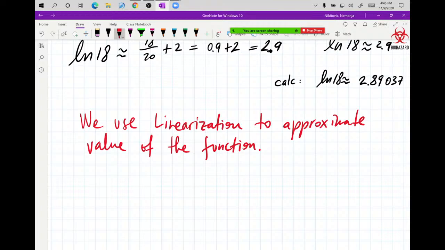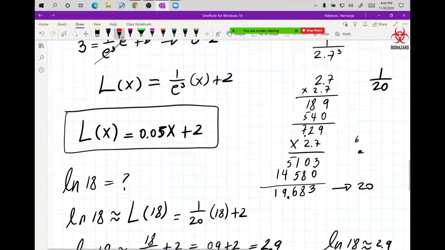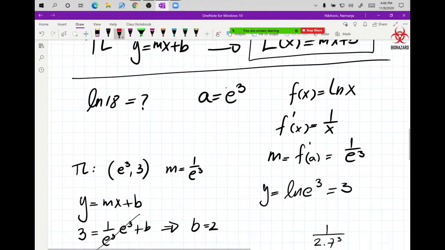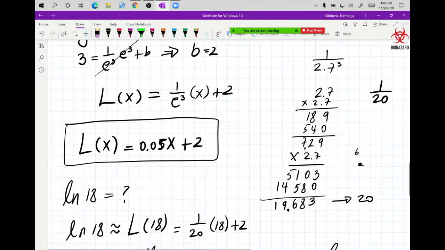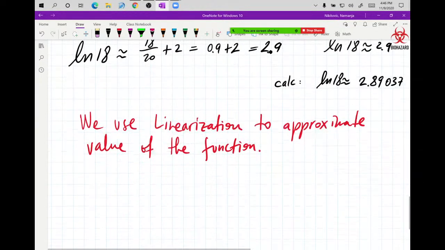And again, unfortunately today, well, fortunately or unfortunately, whichever way you want to look at it, we don't need this today anymore, because you can just immediately grab your cell phone and punch in ln 18, get your answer of whatever it was, 2.89, and move along. And as I said, this is why this is a section where we honor our ancestors.